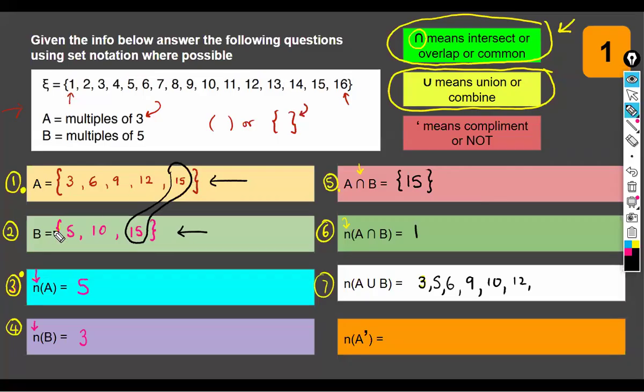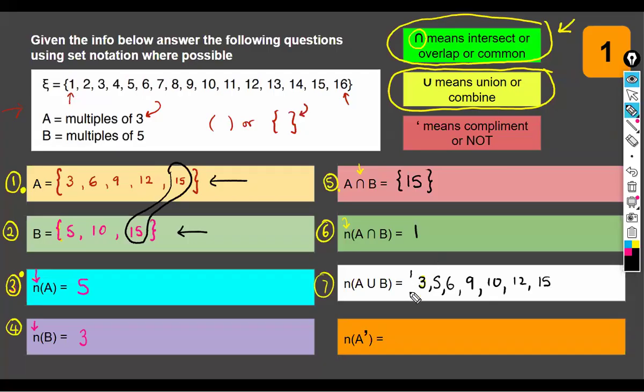Because A has a 15 and B has a 15. The answer is no. In Venn diagrams and sets, you're only allowed to write a number once. Even if it appears 3 times or 2 times, you can only write something once in your answer. You can't repeat things, right?